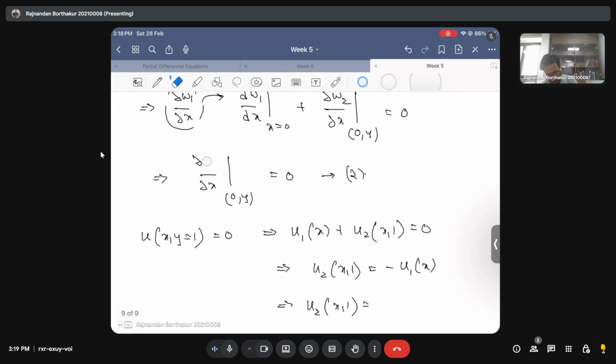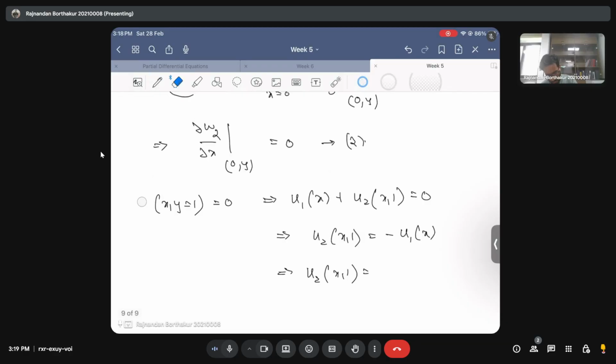Quite a lot of changes. This is W. This is W. And then this is also W, which means that these are all going to be W.